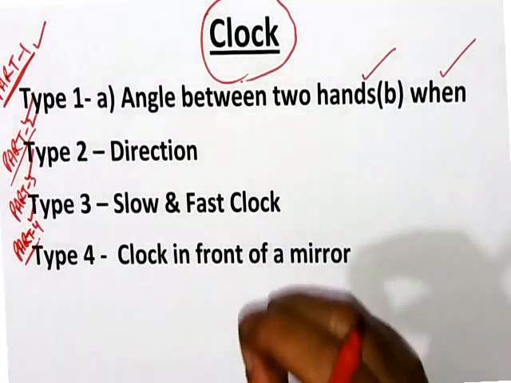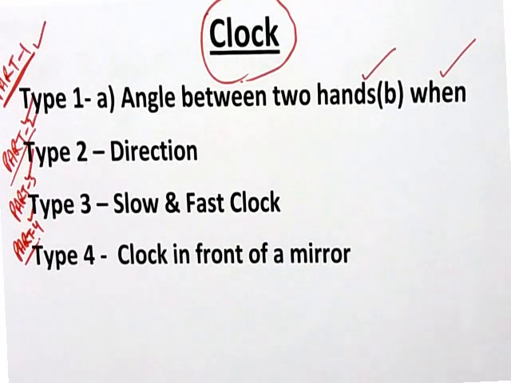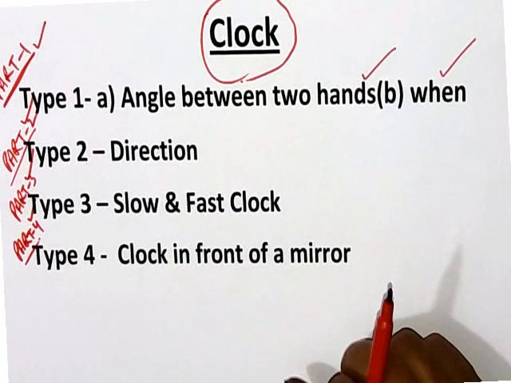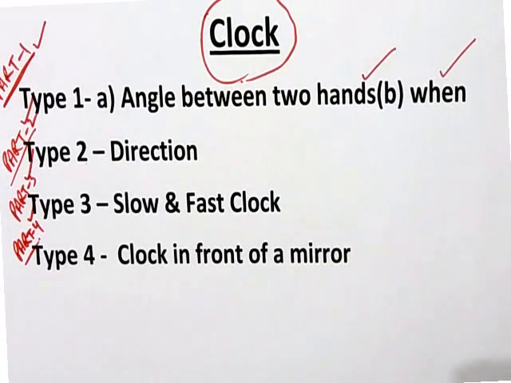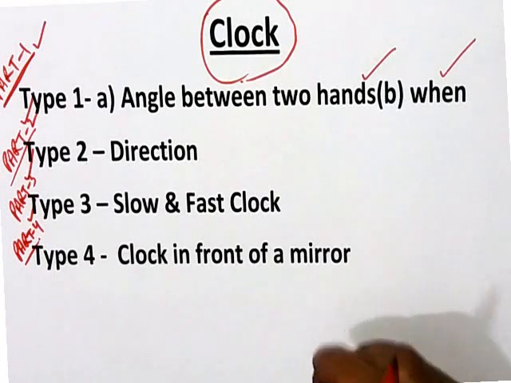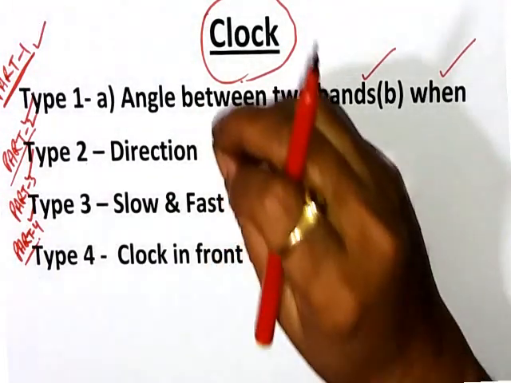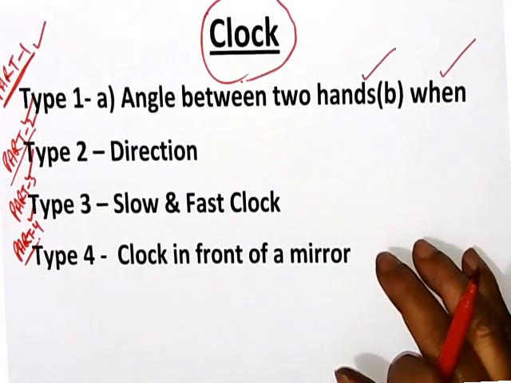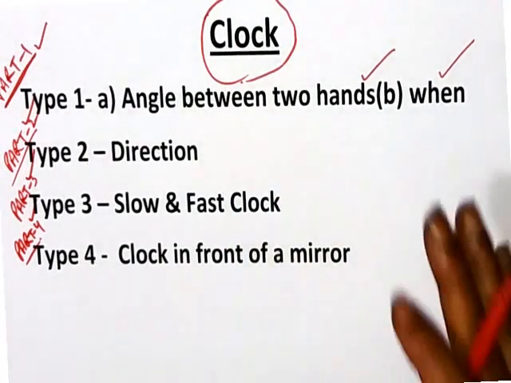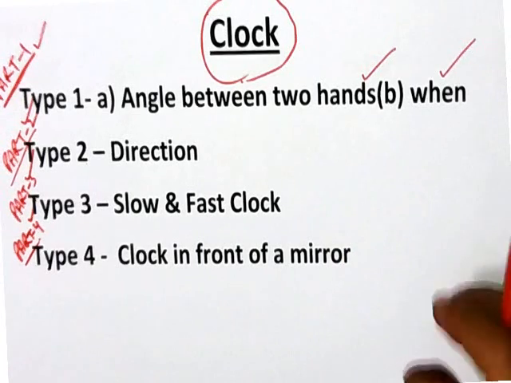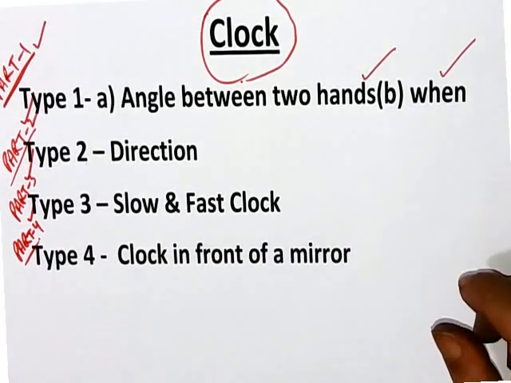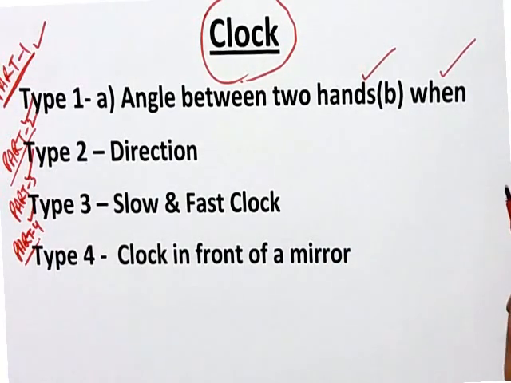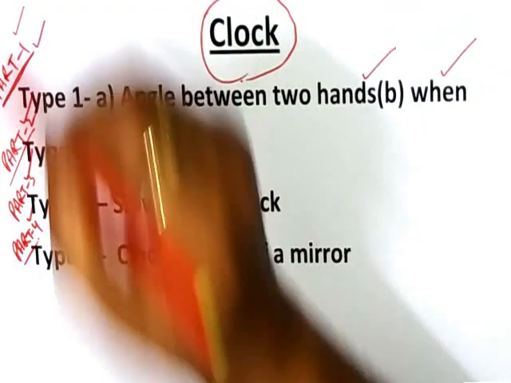Through this visualization process, you can solve any type of these questions within 15 to 20 seconds without writing any text matter. So first we will have to know the procedures of these types of questions, how to deal with them. Today we will deal with part 1.